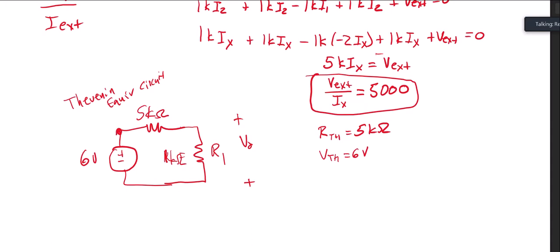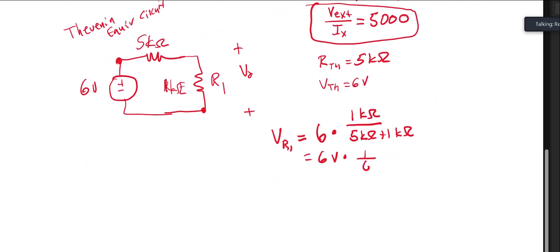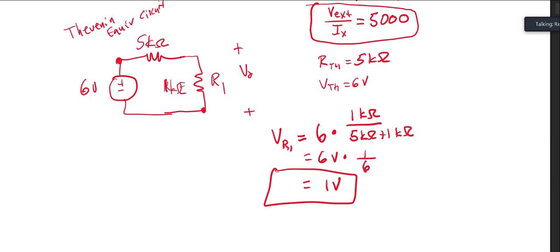I have a total of 6 volts across both resistors, so the voltage across R1 equals my total voltage times the resistance of R1, 1 kilo ohm, over the sum of my two resistances, 5 kilo ohms plus 1 kilo ohm, or 6 volts times 1 over 6, or 1 volt. So that's the voltage across that one.